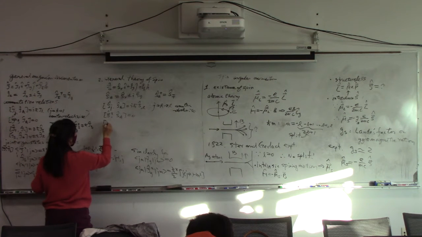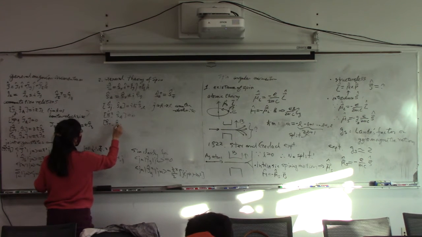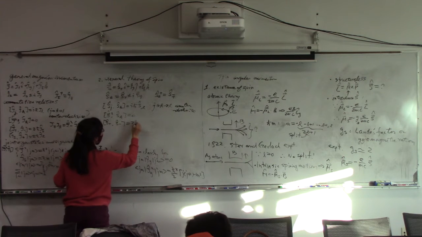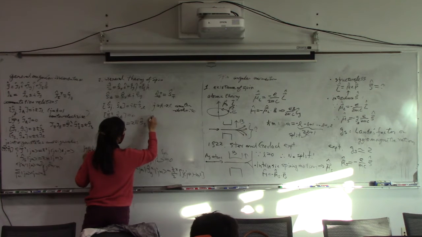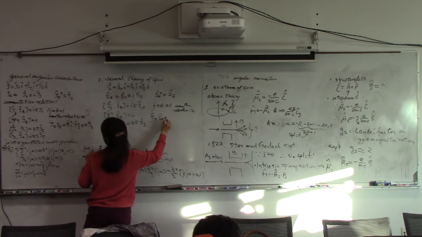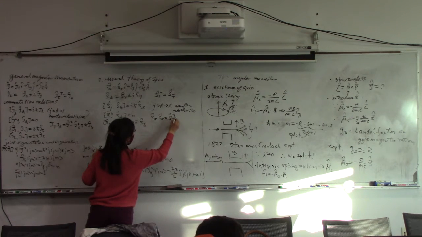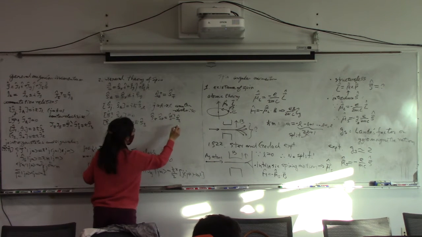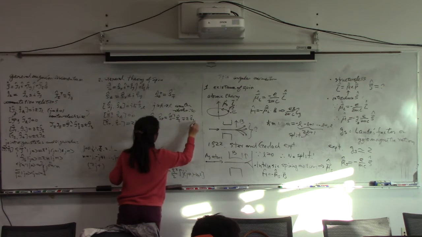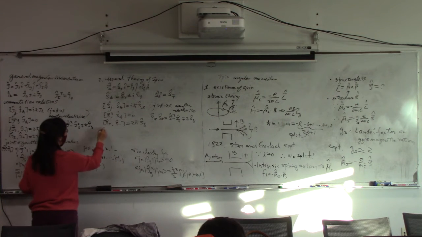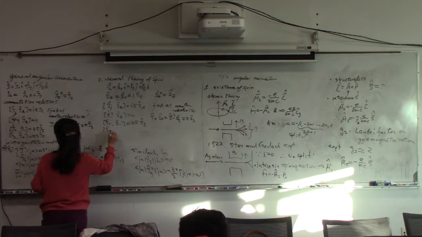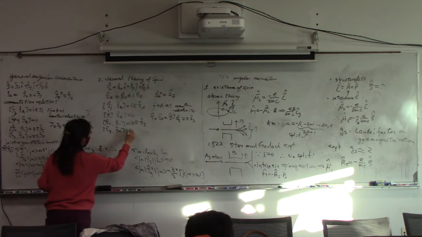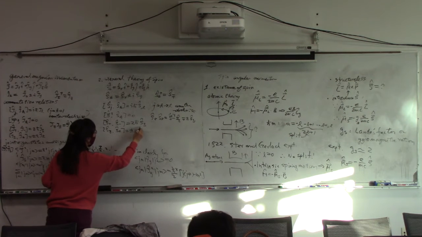Then you also have the commutator of S plus and S minus is 2 h bar Sz. Then also S plus minus multiplied by S minus plus is S square minus Sz square, plus or minus h bar Sz, all the same. And the commutator of Sz and S plus minus is plus minus h bar S plus minus. Okay.